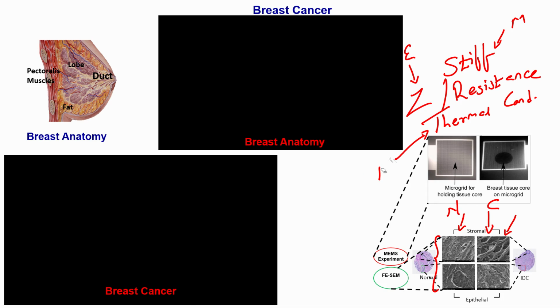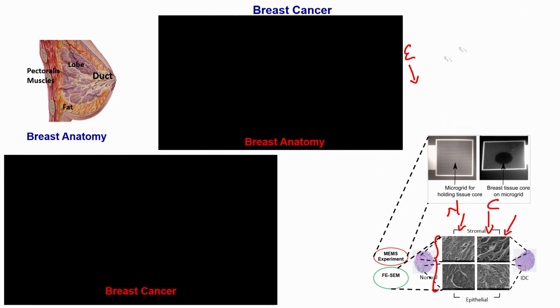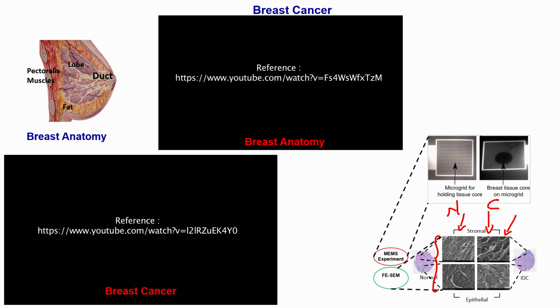So, now before we understand how we can design a sensor that can measure this electrical and mechanical property of the tissue, let us quickly see what is the breast anatomy, and also let us understand what is breast cancer and what are the stages of breast cancer. Alright.